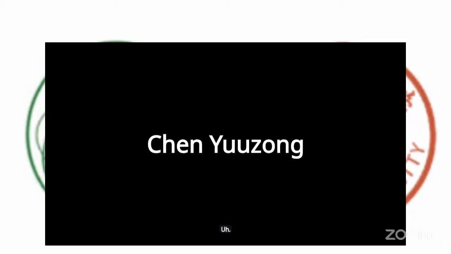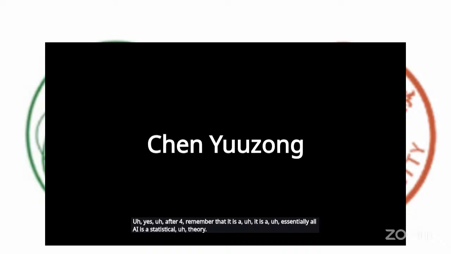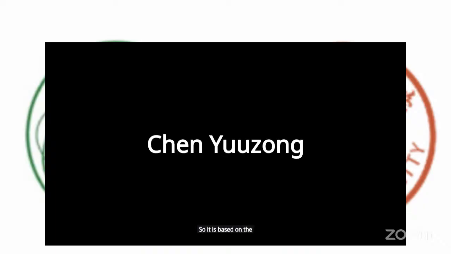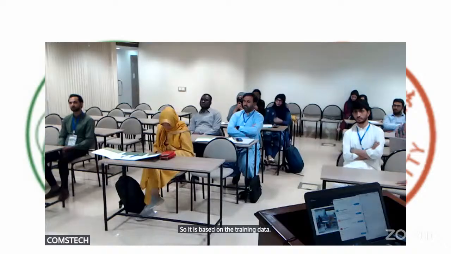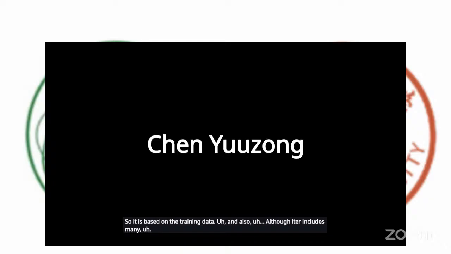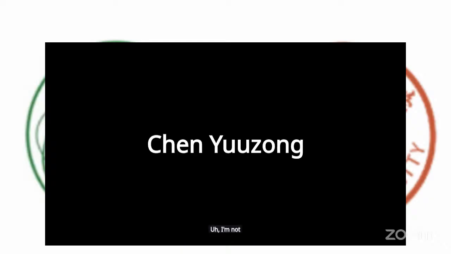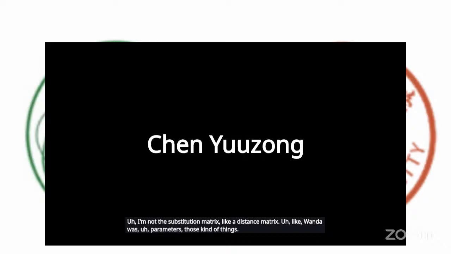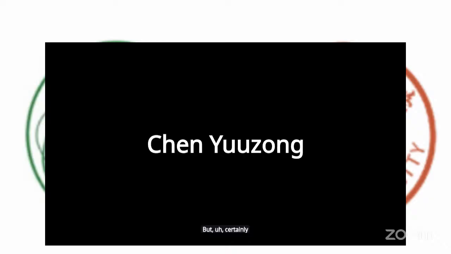Yes, AlphaFold. Remember that essentially all AI is a statistical theory, so it is based on the training data, and although it includes many factors like amino acid substitution matrix, distance matrix, van der Waals parameters, those kinds of things, certainly there are limitations.